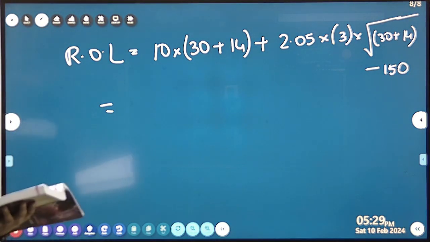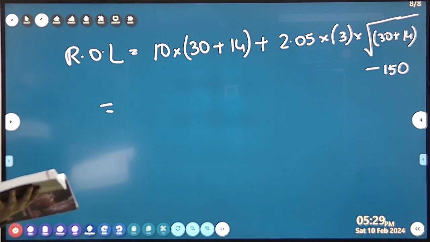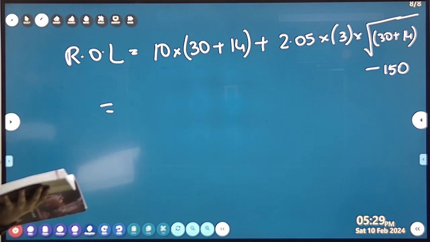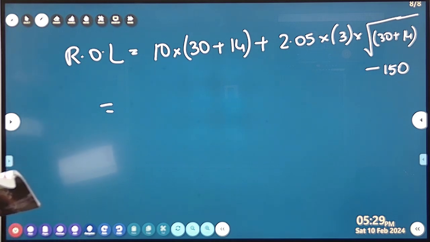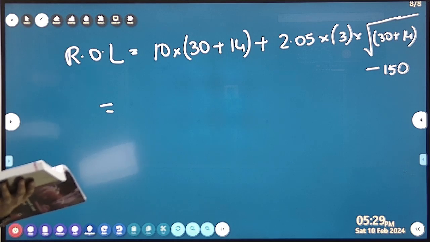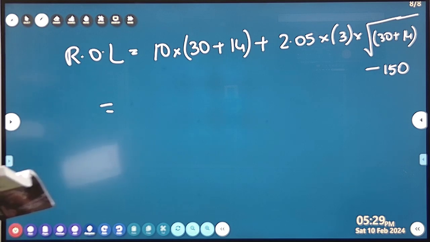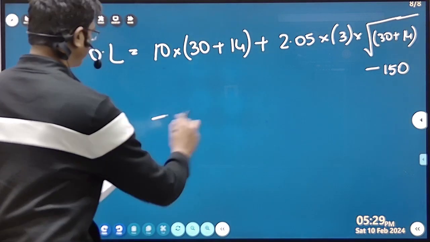Let us calculate. You complete this calculation.